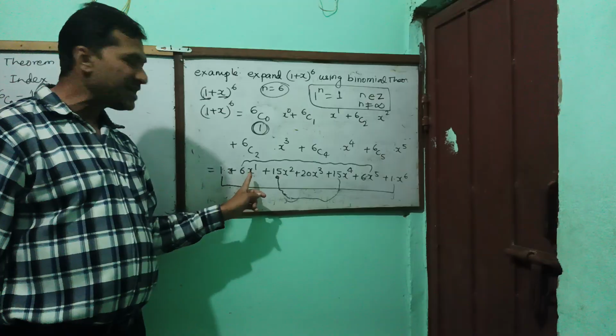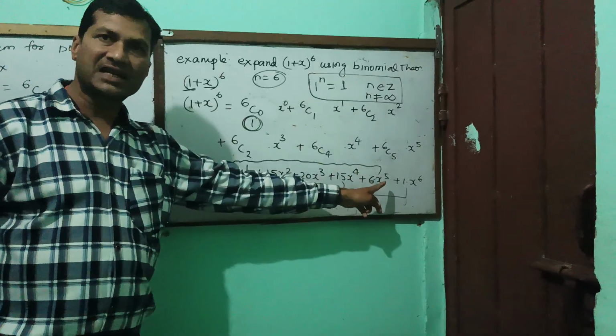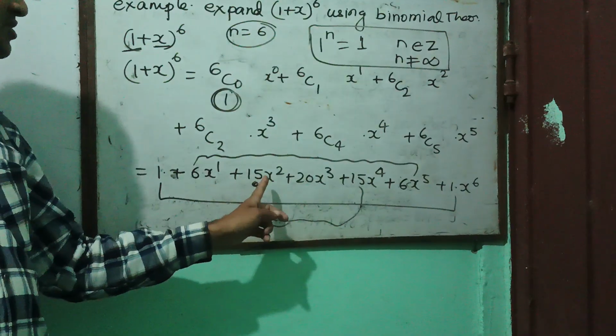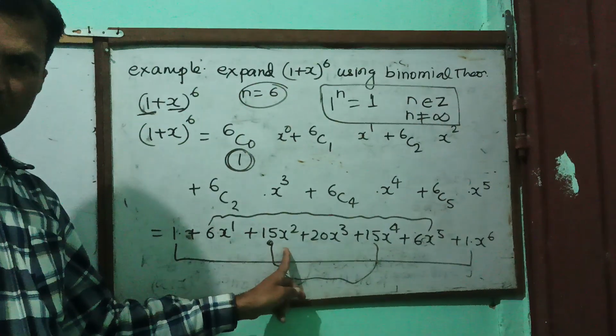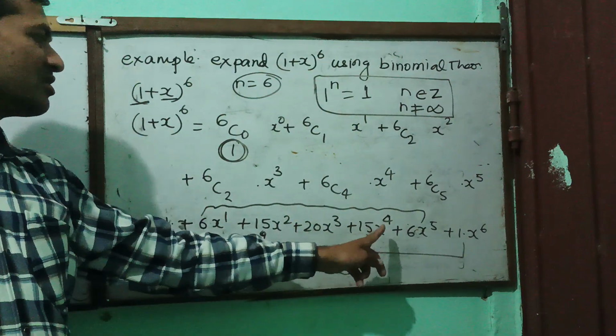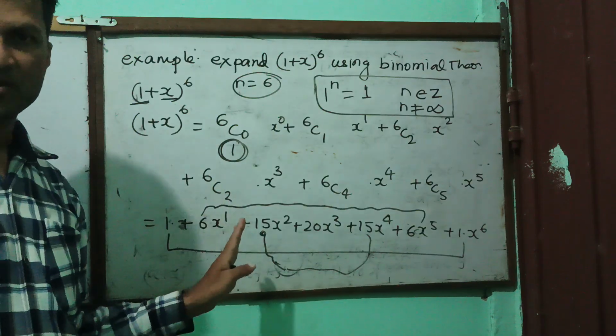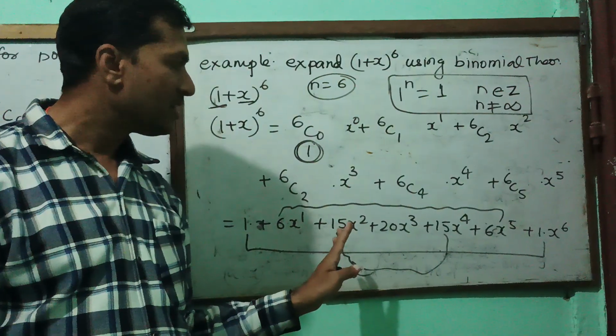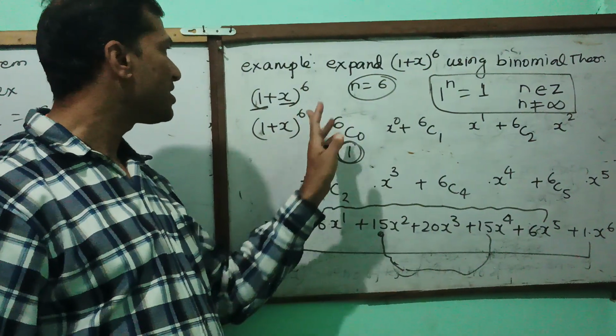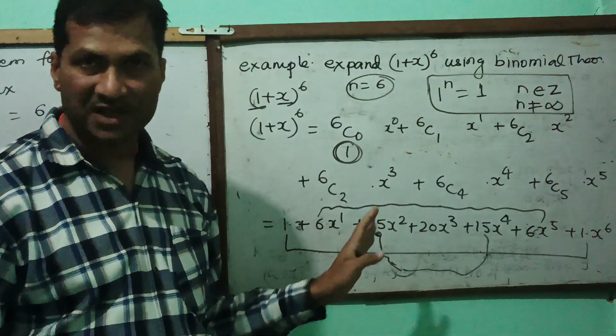Coefficient of the second term from beginning and second term from the last is same. Coefficient of the third term from beginning and third term from the last are also same. So this is one property also. So this much for 1 plus x to the power 6.